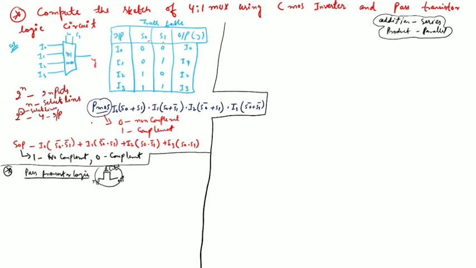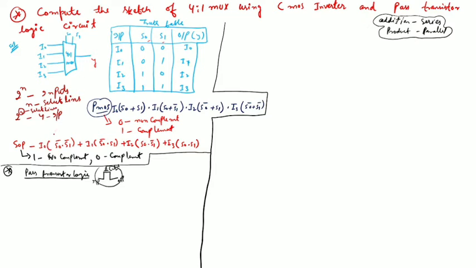The PMOS will be on when the zero logic is applied at its gate terminal, and when we apply one logic at the gate of this PMOS, it will be off.